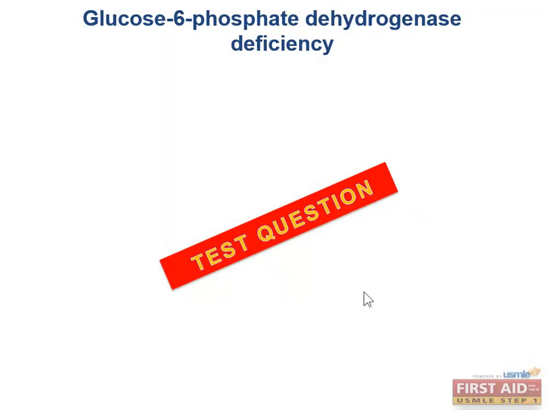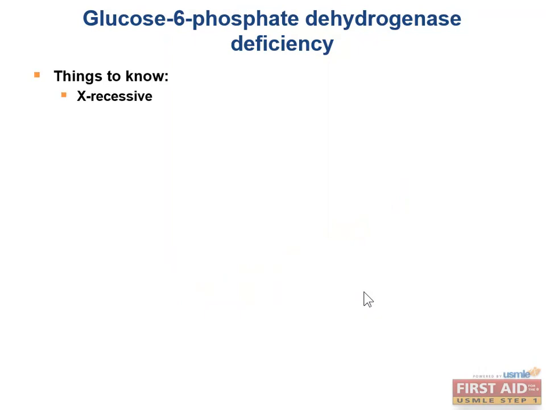Now, this is actually the most common human enzyme defect, and it's going to be X-linked recessive. Alright, so glucose 6-phosphate dehydrogenase is going to be involved in both the HMP shunt and the respiratory burst. Now, it's going to play a key role in regenerating NADPH. So we start off with an NADP, and we're going to make an NADPH via this enzyme here.